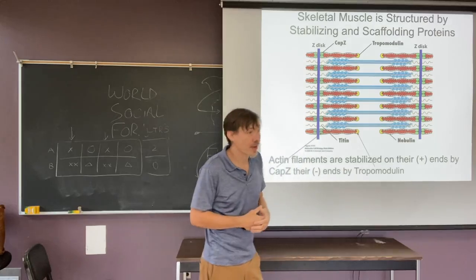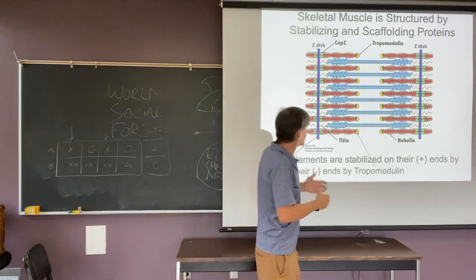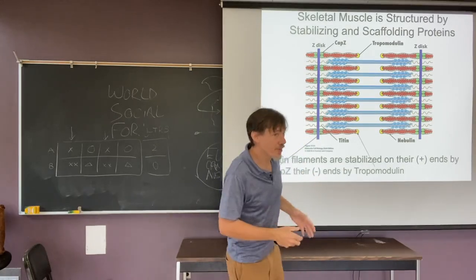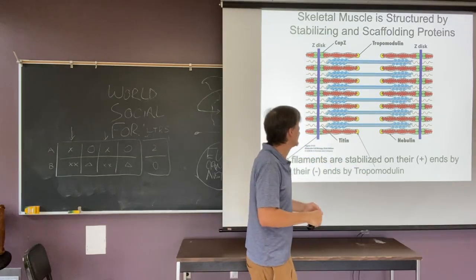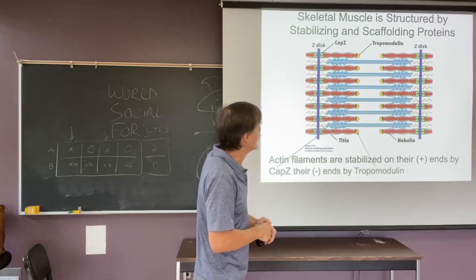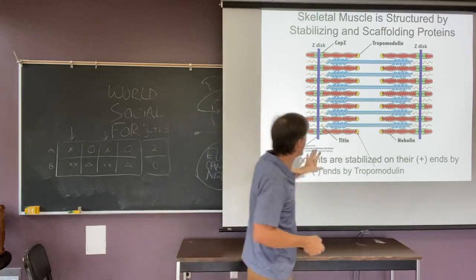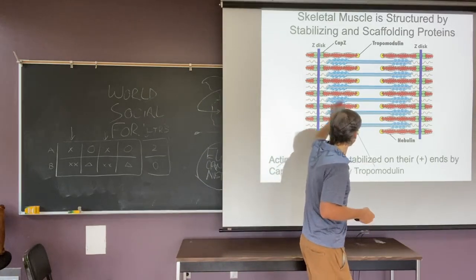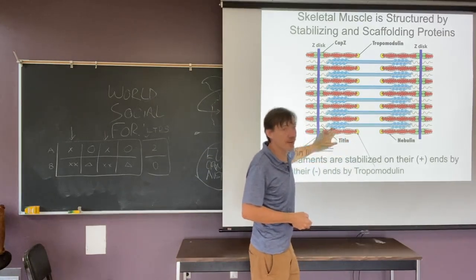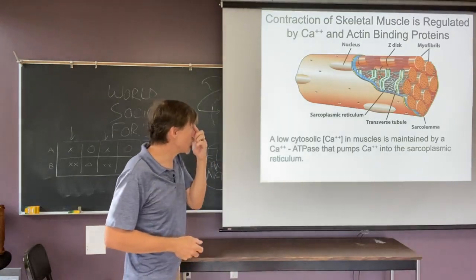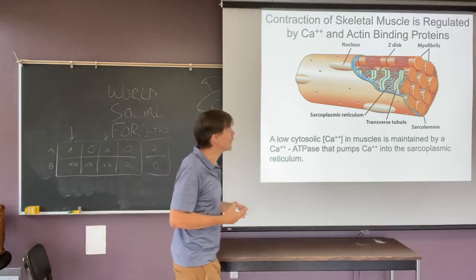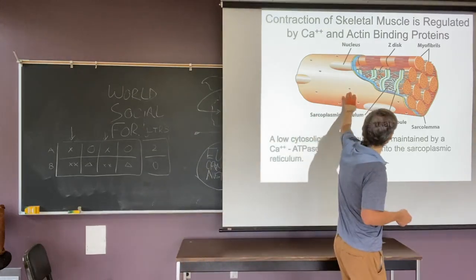That's part of the reason that it's called titin. More or less, it's holding the Z-disc together and preserving the structural integrity of the muscles. So we have all of these different proteins holding the actin filaments together, holding the whole structure together.